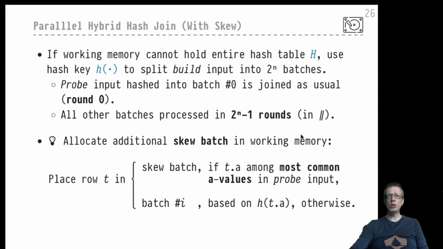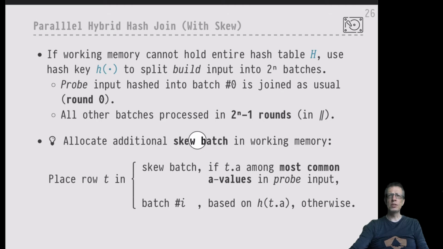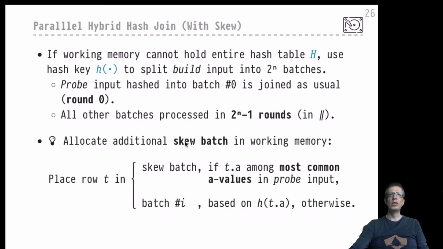This is an observation that is typically referred to as skew. There is a non-uniform distribution of values in the join columns. Some values are super frequent and will thus have a much higher chance of finding join partners over in the probe input.